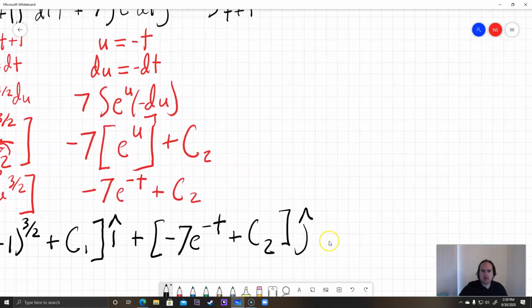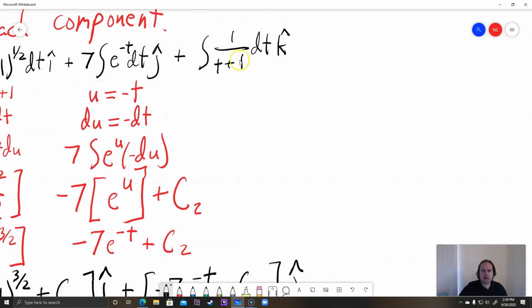Okay? And then we have to do the last component. So this one is the integral of 1 over t plus 1 dt times k. So here, once again, we have a composite function. The composite function is 1 over t plus 1. And we're going to let u be the inner of the composite function. So we're going to let u equal t plus 1. So here u equals t plus 1, and so du equals dt.